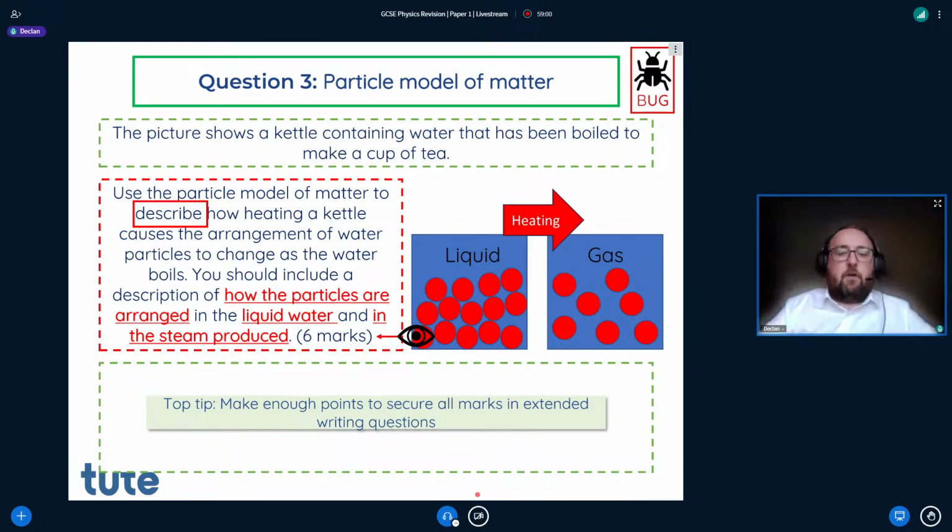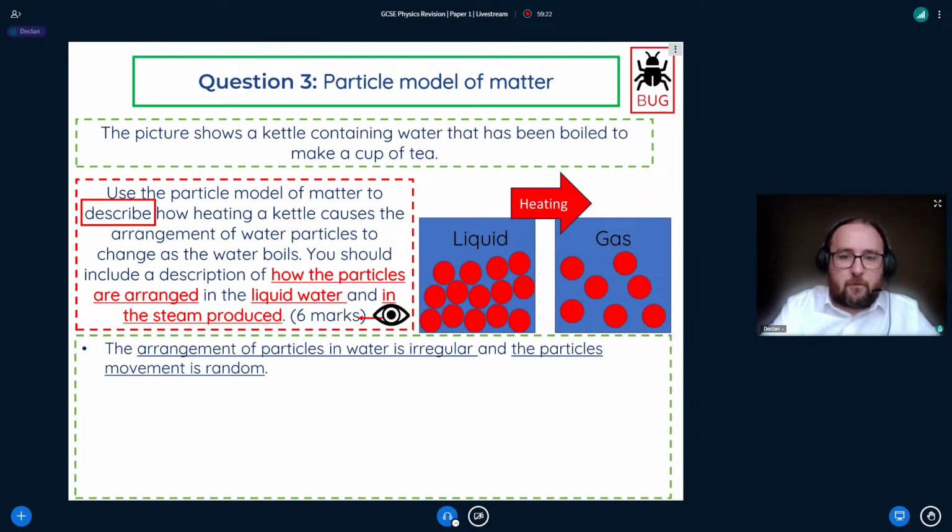So in my head, we're going from a liquid. I've drawn the particles in a liquid. I know we're heating that liquid up and it's turning into a gas. It's giving me this extra little visual cue to help me get as many marks as possible, because now I'm just describing a picture.